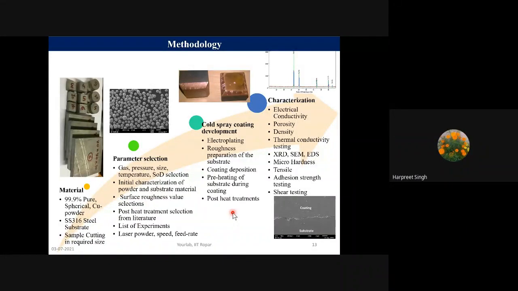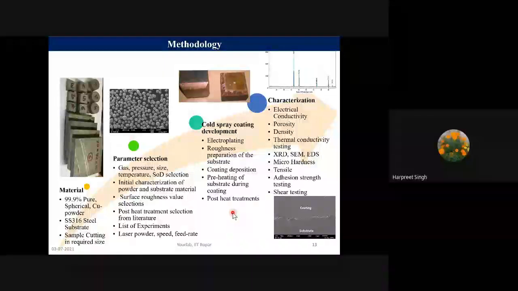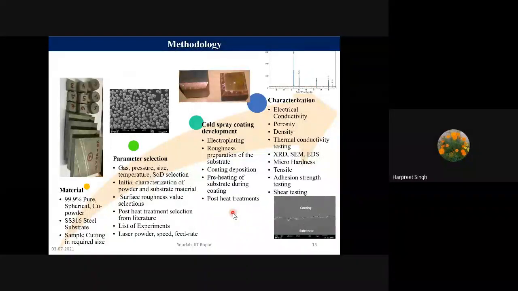It will not be that easy, right? We will not be able to achieve 3 mm by electroplating. But we can always achieve a few microns of electroplating on the surface, and then start depositing cold spray coatings of copper. And that's exactly what we did, and that gave us good results.